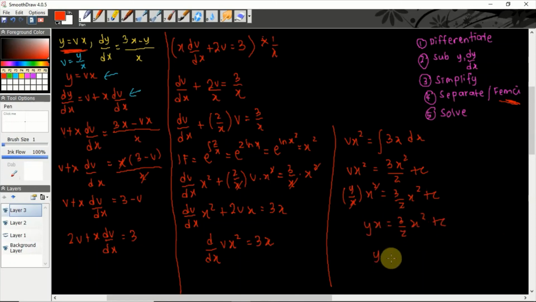We only want y, so divide everything by x. This one becomes 3 over 2 x, sorry, 3x over 2, plus c over x. So done.